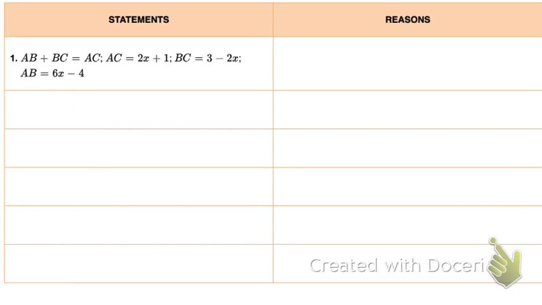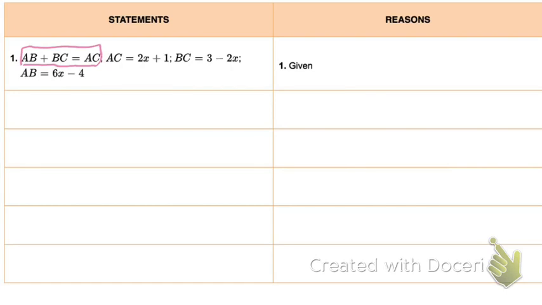You always start with what they told us is true. It's given. So the reason we can say that is because it is given. Now think, how do we get from that to x equals 1? If you look at it, they're giving us an equation, which is good.